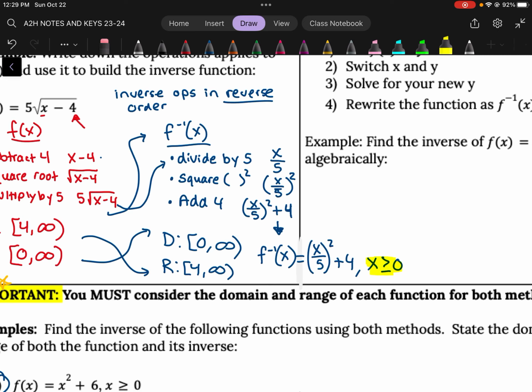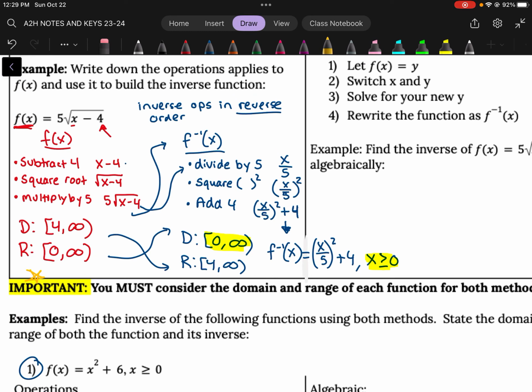So this restriction came from this fact, right? That's the only thing that I can plug into this function, even though it doesn't have that. It came from f of x, right?